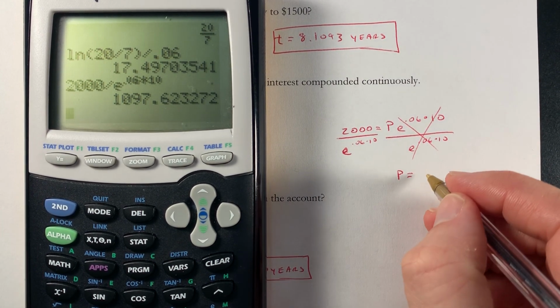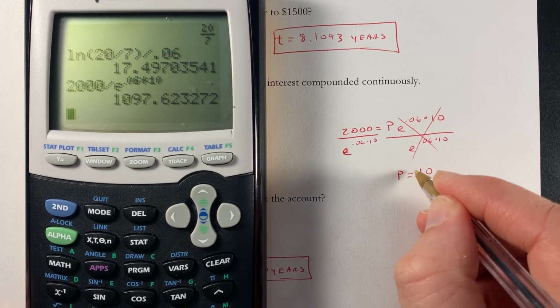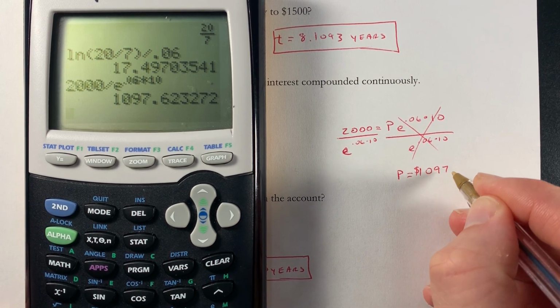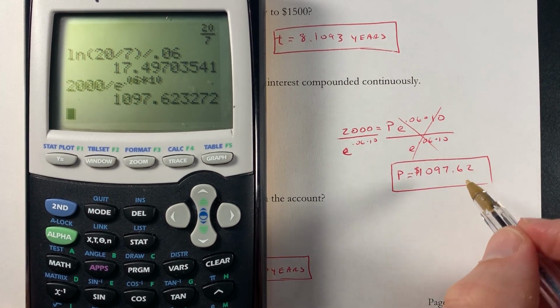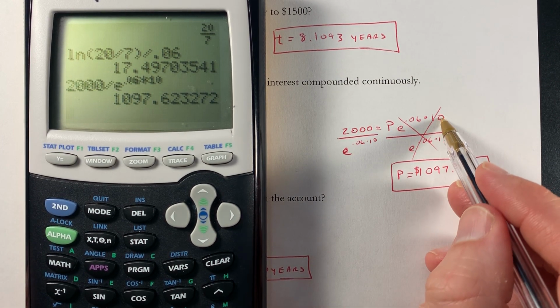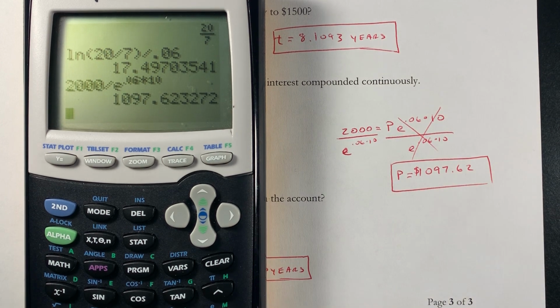And it looks like we're going to need to deposit $1,097.62 in order to have $2,000 after 10 years at a 6% interest rate.